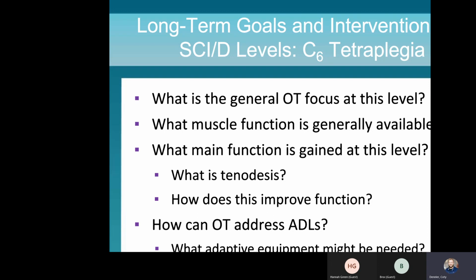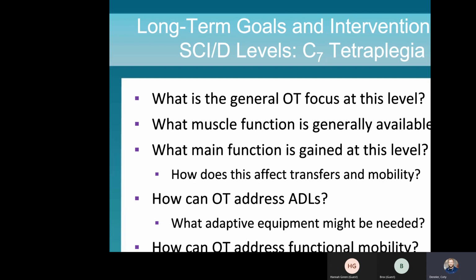And then you've got the C7. Again, C7 is a huge jump from a C6 to a C7. They have a lot more stuff that they can do at the C7. If you look at page 936, that starts at the C7.